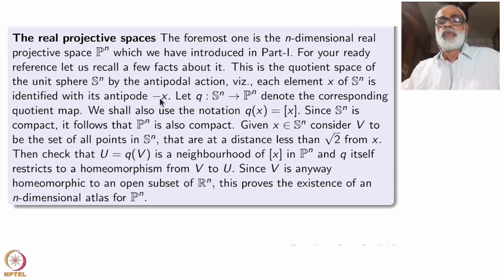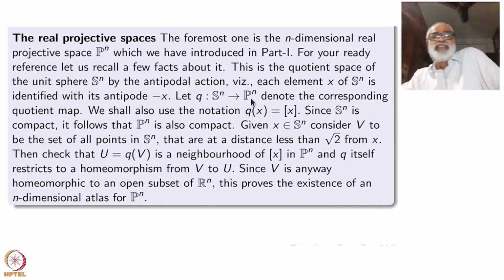Antipodal action means x goes to minus x. So look at the equivalence classes. I can denote them by bracket x and take the quotient map Q from Sn to Pn to be Q(x) equal to this bracket x. Then put the quotient topology. That is the space.